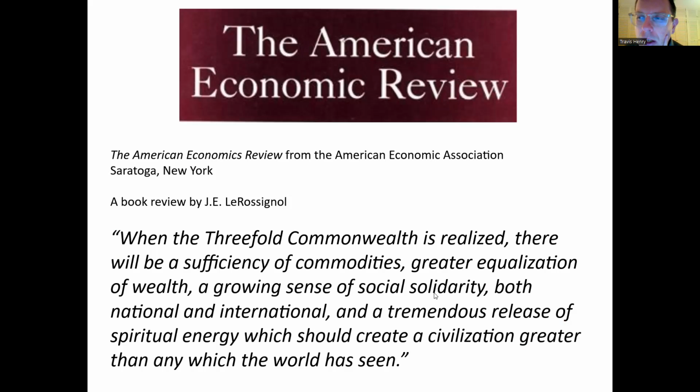Unitist economics, also called associative economics, was reviewed by the American Economic Review from the American Economic Association, and J.E. Le Rossignol says, when the threefold commonwealth is realized, there will be a sufficiency of commodities, greater equalization of wealth, a growing sense of social solidarity, both national and international, and a tremendous release of spiritual energy, which should create a civilization greater than any which the world has seen.